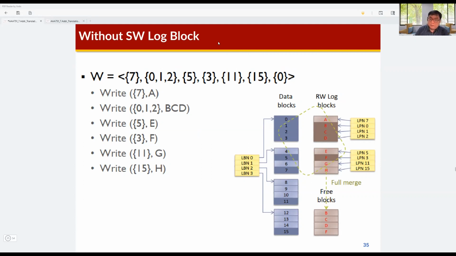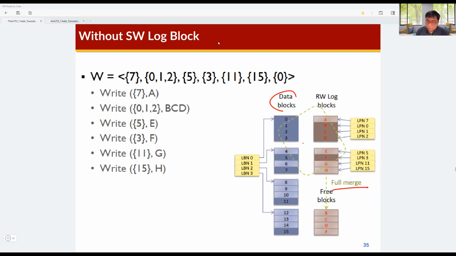Without this sequential write log block, I said that we need only full merge. In order to perform the full merge, we need to find pages that are associated with a certain data block. In order to make a certain log block empty, we need to find the appropriate pages associated with a certain entire data block.